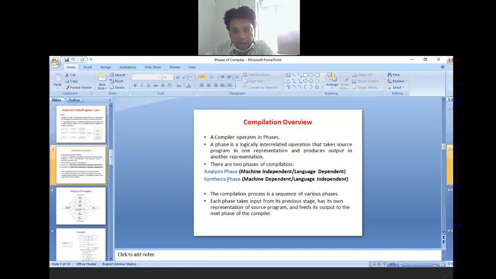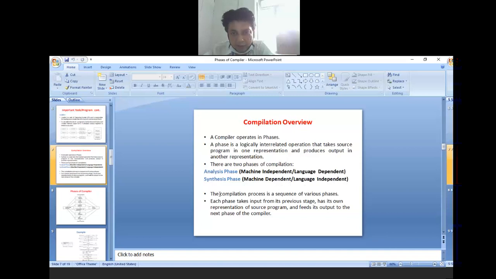The analysis phase is also known as the machine independent phase or language dependent phase, and the synthesis phase is a machine dependent phase and language independent phase. So you can see there is a difference. If a phase is machine independent, then it must be language dependent, and the synthesis phase is machine dependent but it is language independent.